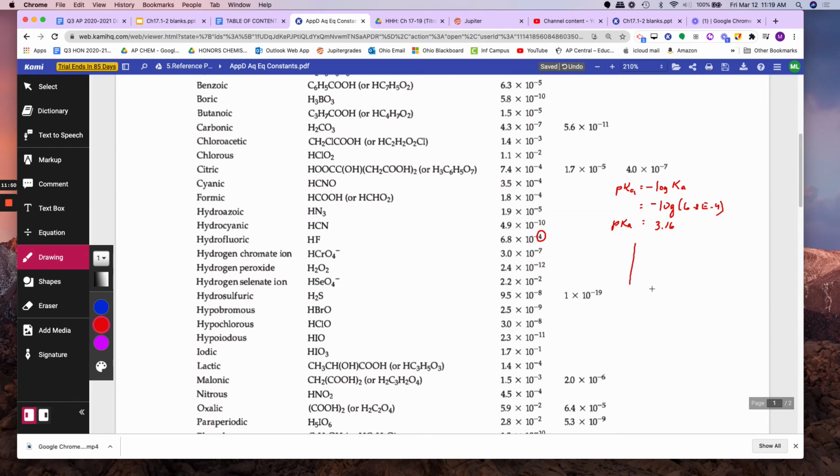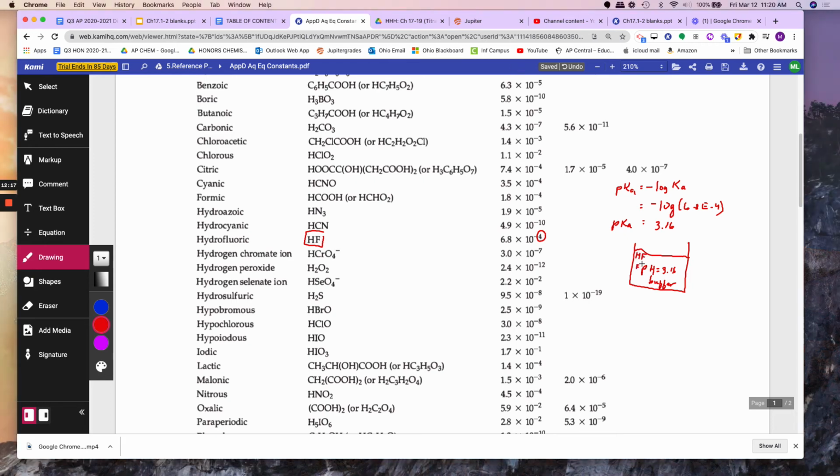Let's say I want to make a buffer, and I want that buffer to be pH 3.16 buffer. Okay, and I want to sell it to the whole world. I made this buffer. It buffers solutions at pH 3.16. All I need to do is I need to get some HF, put it in there as part of my buffer, and I need to get some F minus too, right?